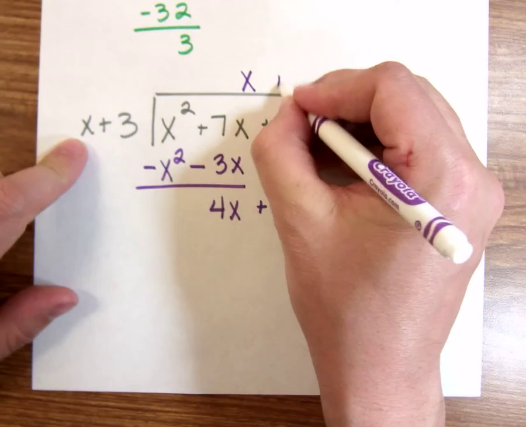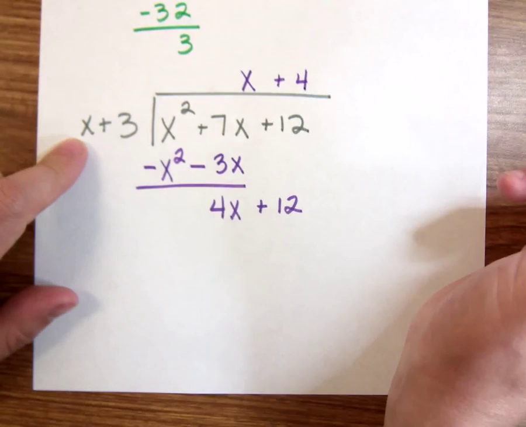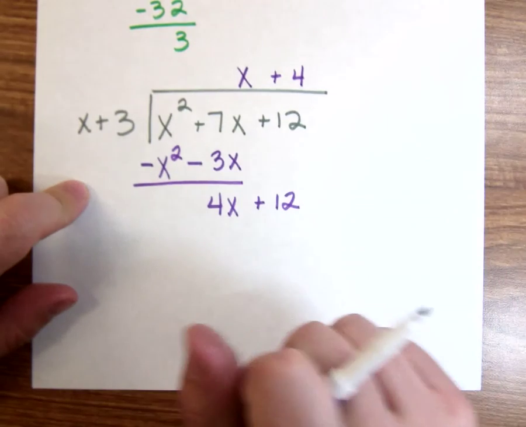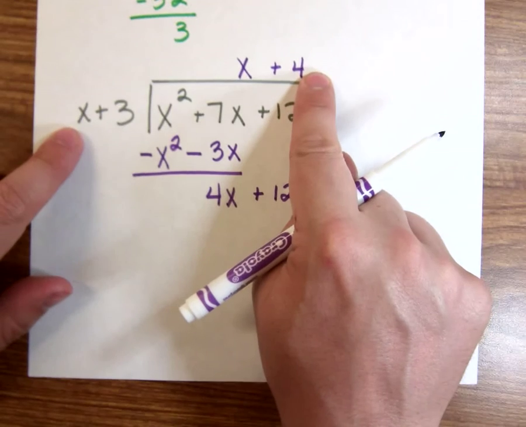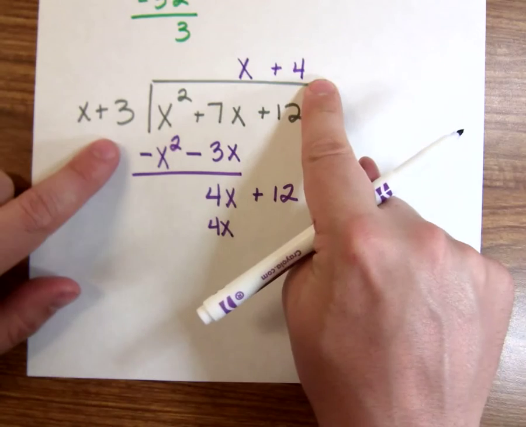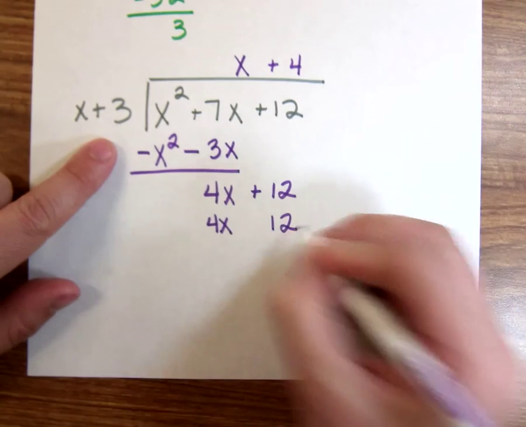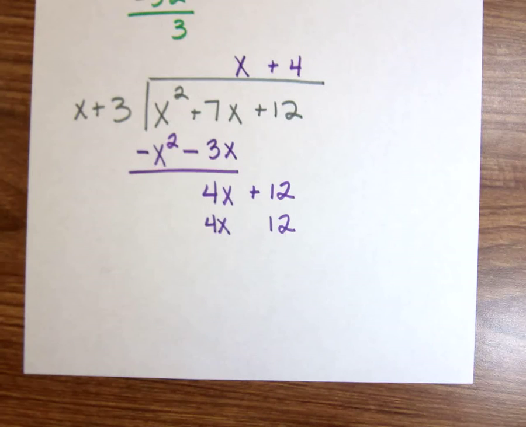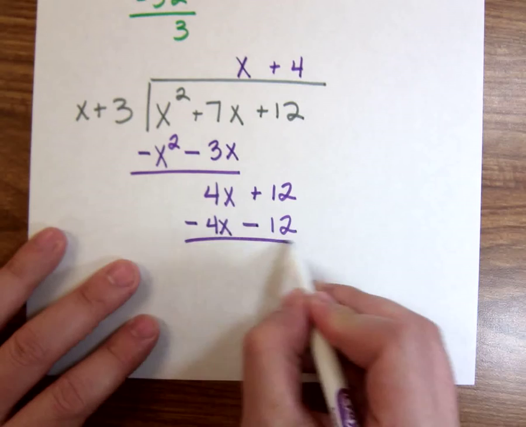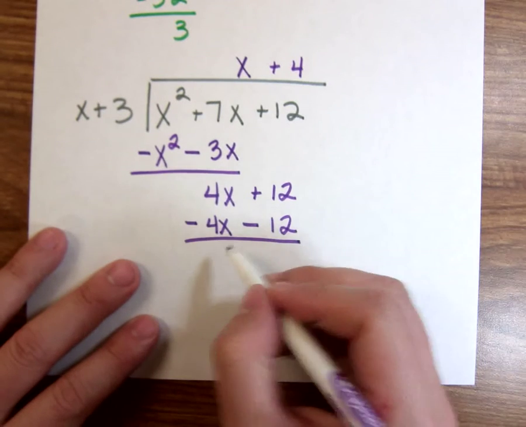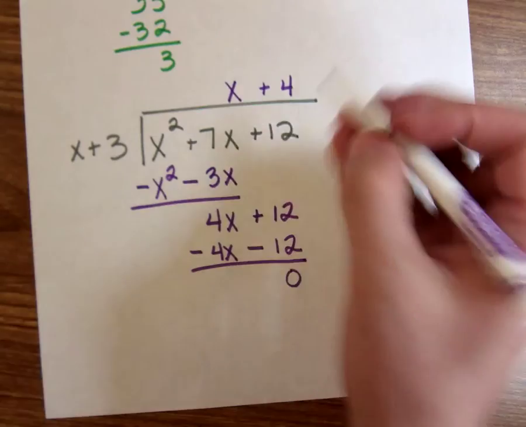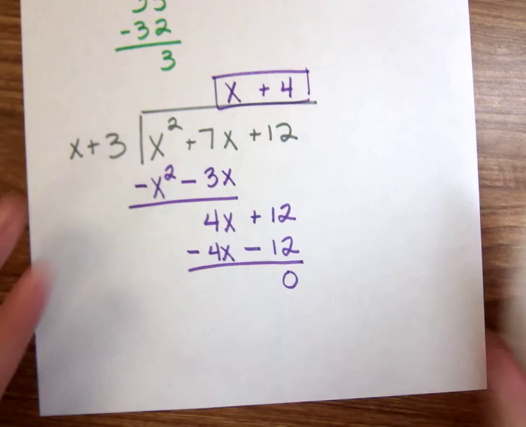So that's going to go here in the ones column, positive 4. Putting it in the numbers column. Then we multiply. 4 times x, 4x. 4 times 3, 12. And then we subtract. 4x minus 4x is 0, and 12 minus 12 is also 0, so no remainder in this problem. The answer is x plus 4.